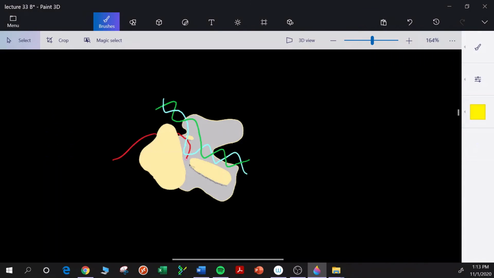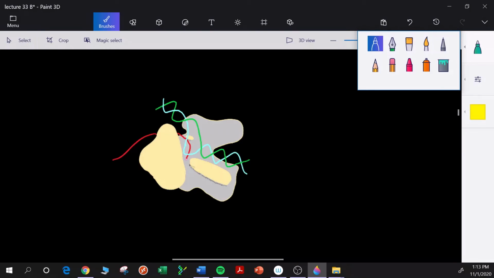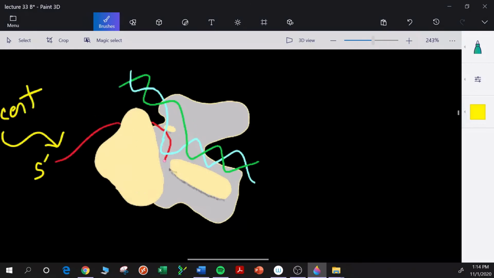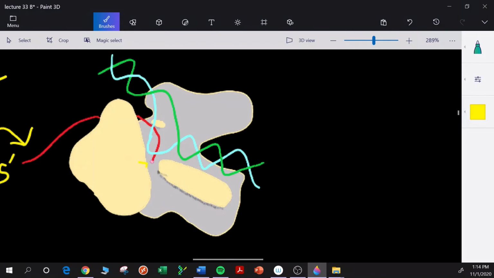A nascent RNA is an RNA that is still undergoing transcription. So this red thing right there is supposed to be the nascent RNA. This would be the 5' end over here. Now the 3' end, let me zoom in a little bit. The 3' end is in here.